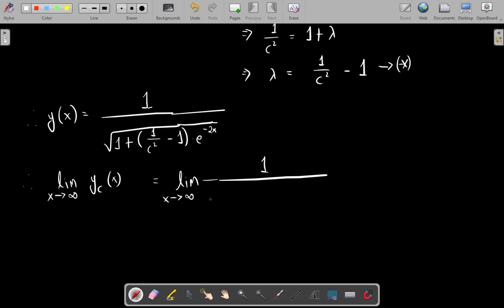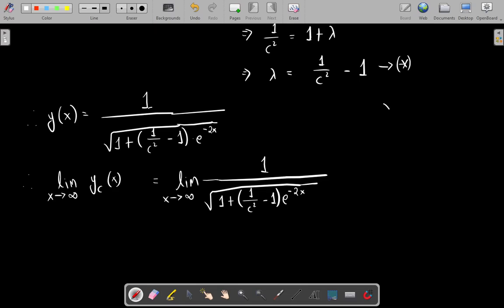Let us write the expression one more time: 1 plus (1 by c square minus 1) times e raised to the power minus 2x. Okay, so now we have to put the value of x as x tends to infinity in this expression.